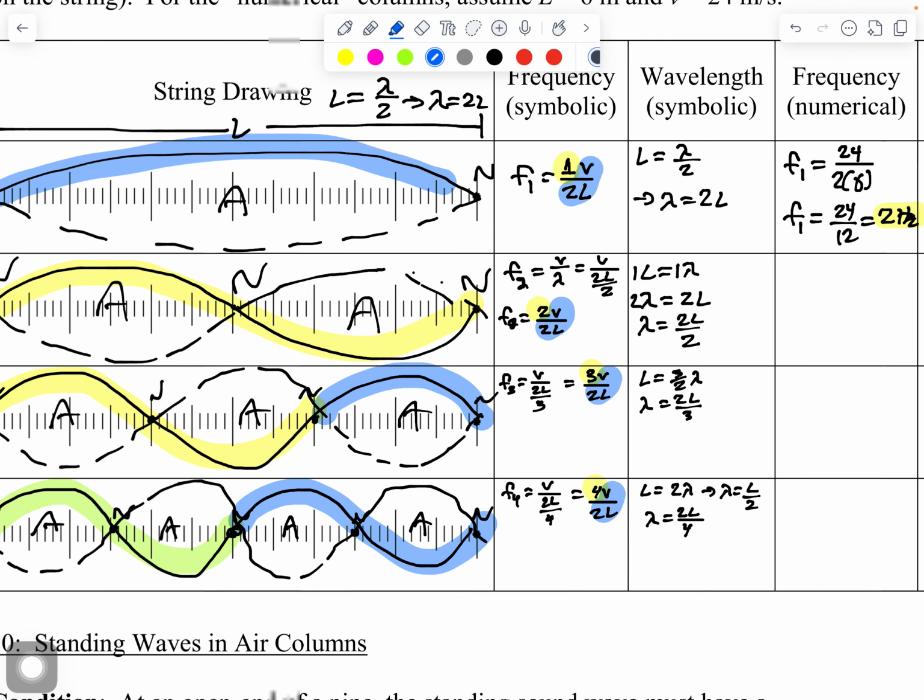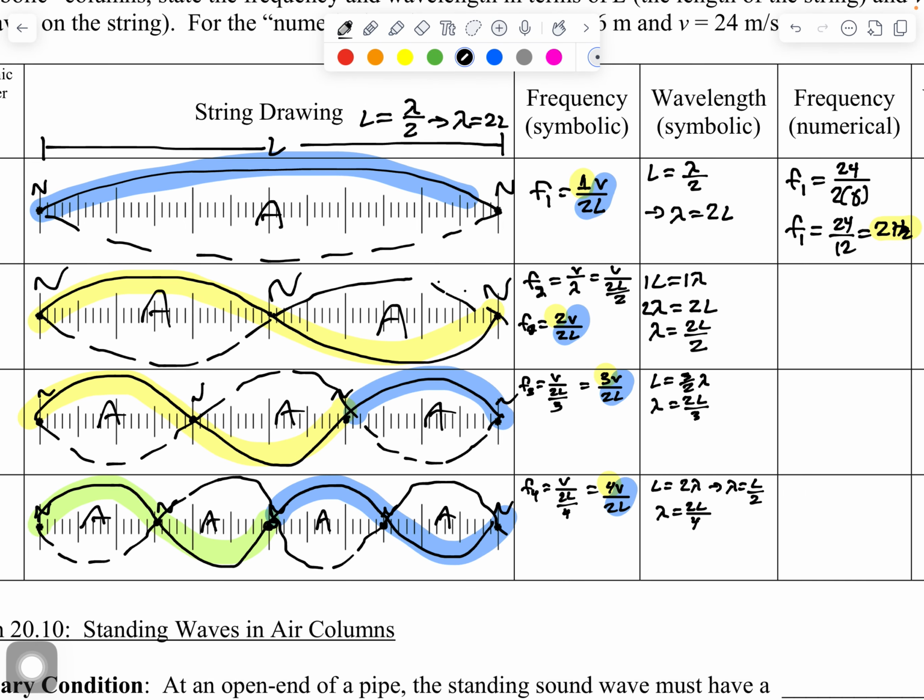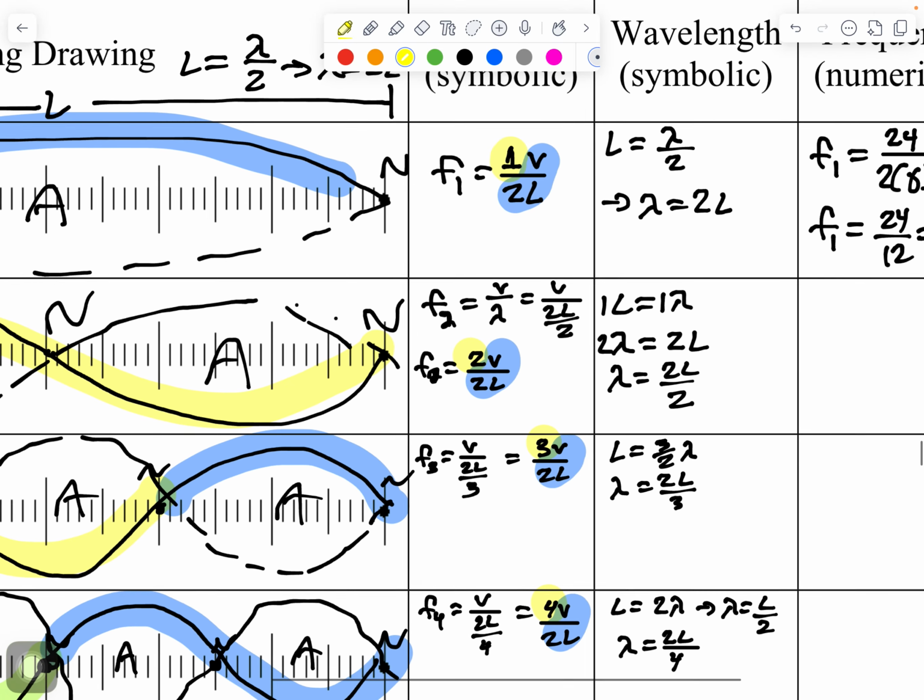So you can see from the pattern here, each harmonic frequency is just going up by an integer multiple. In other words, the fourth harmonic is 4 times V over 2L, and V over 2L is the first harmonic.